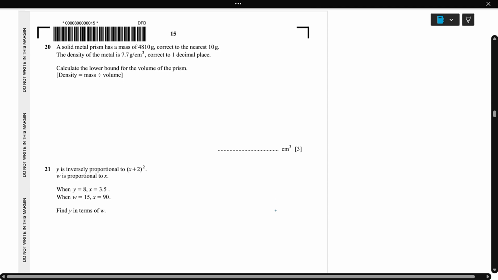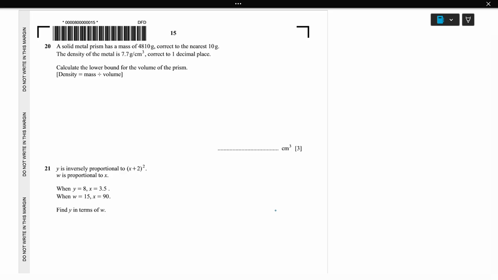Next, question number 20. A solid metal prism has a mass 4810, correct to the nearest 10. So 4810 to the nearest 10. So here we need to calculate a lower bound, so I'll make upper bound and lower bound. 10 gram, so make it half, a 5 up and 5 down.